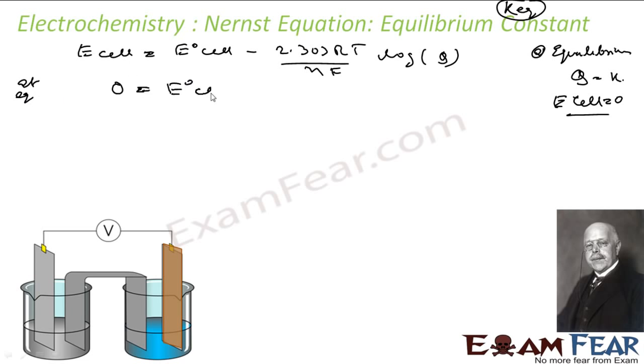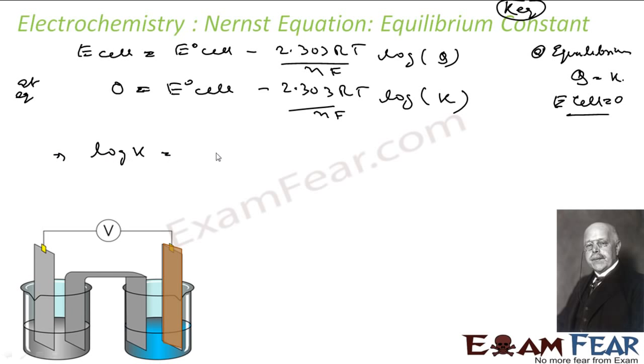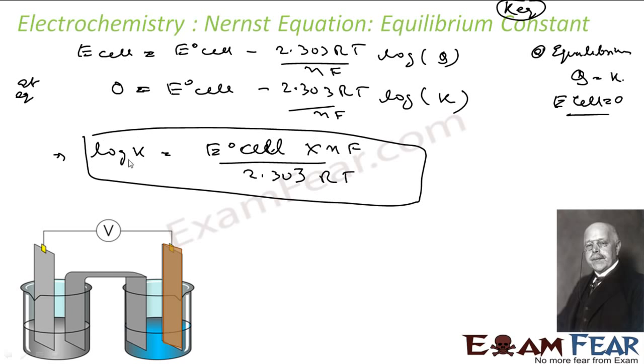E naught cell is a standard value, we can't change it, minus 2.303 RT by NF, and Q becomes K. So with this, log K is nothing but E naught cell into NF by 2.303 RT. That is the formula.